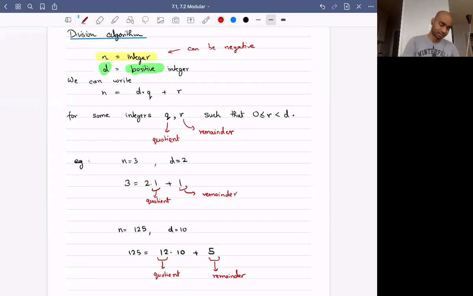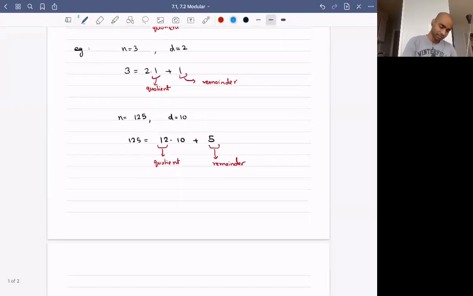But here's the second issue: we want r to be positive and between 0 and d. 0 is allowed, but d is not allowed. And this messes up the division algorithm slightly for negative numbers. I'll give you an example. Let's say n is -3 and d is 2.